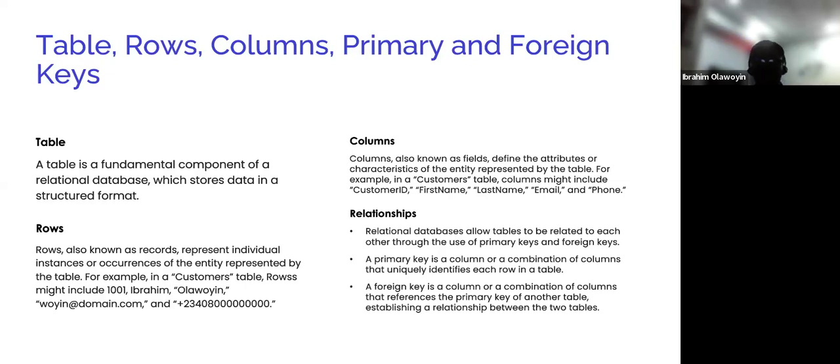Let's say, for example, I want to take a record of every attendee of this session. I can use Google Docs or open Excel. In that spreadsheet, to tell a first name apart from a last name, the first thing I would do is name the columns: first name, last name, middle name, phone, and so on.